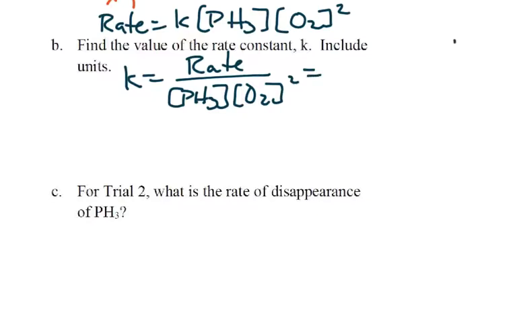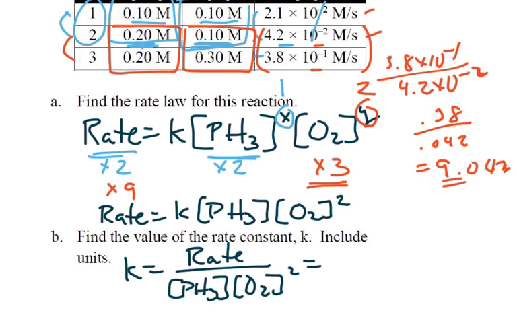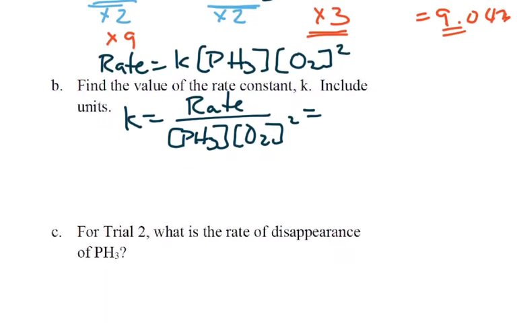Now I'm going to put some numbers in, and it shouldn't really matter which numbers I use from my equation, because they should all give me the same value of K. K should be a constant. So I'm going to use the top numbers because they look pretty easy: 0.1, 0.1, and 2.1 times 10 to the minus 2.